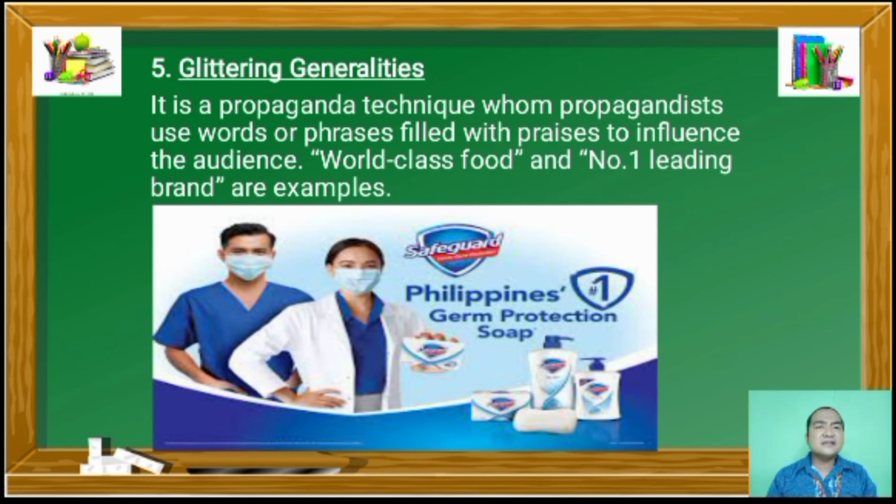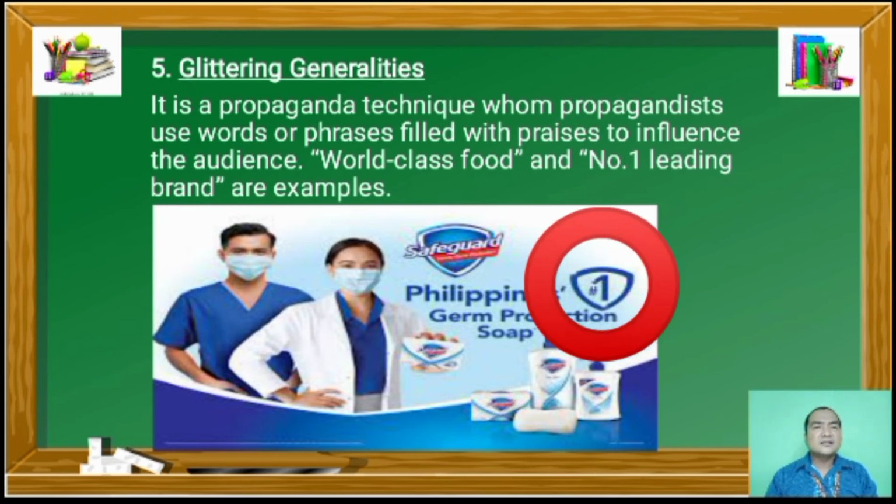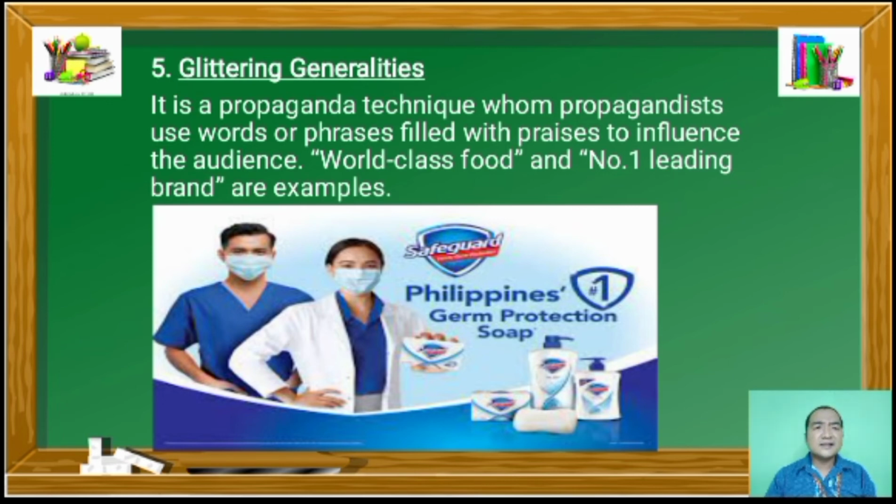So we can see here the slogan says that Philippines number one germ protection soap. So it can really catch our eyes, right? It can really invite us to buy the soap because it is the number one germ protection soap in the country. Okay?